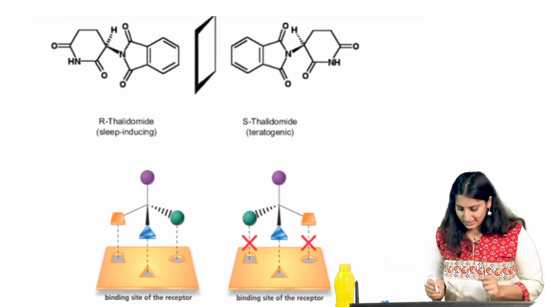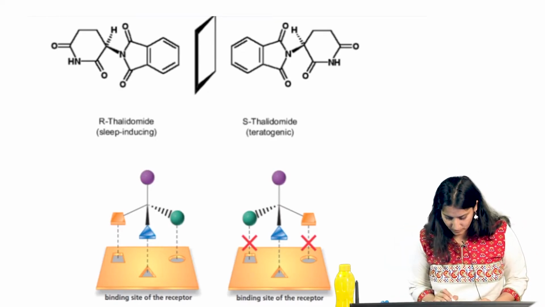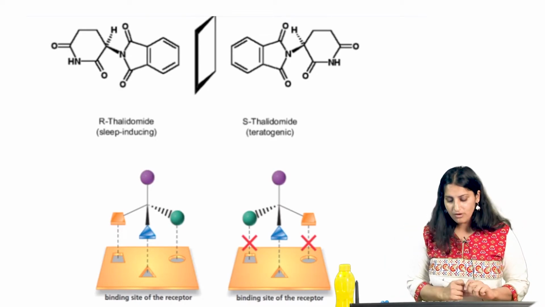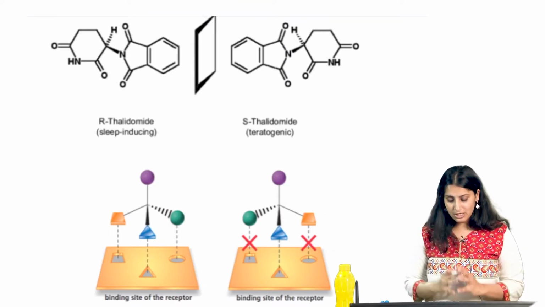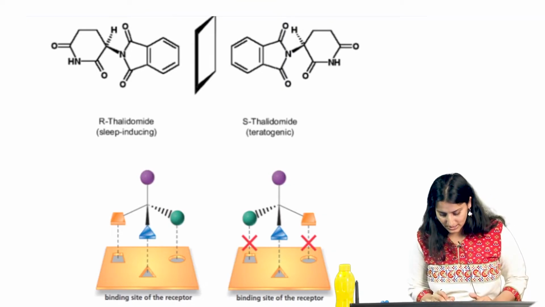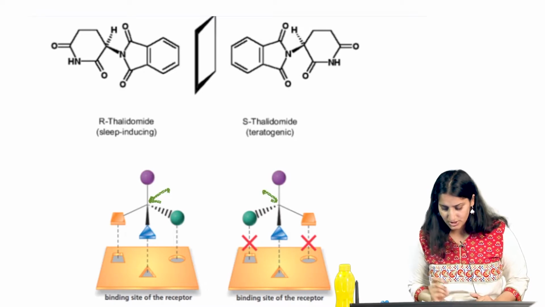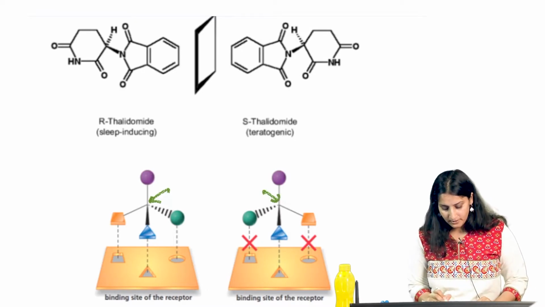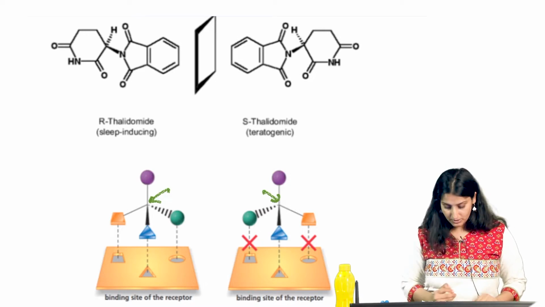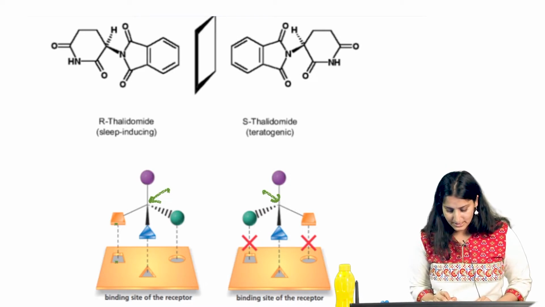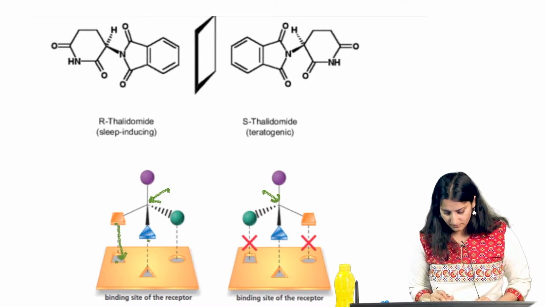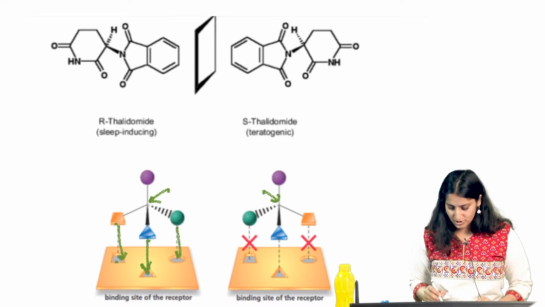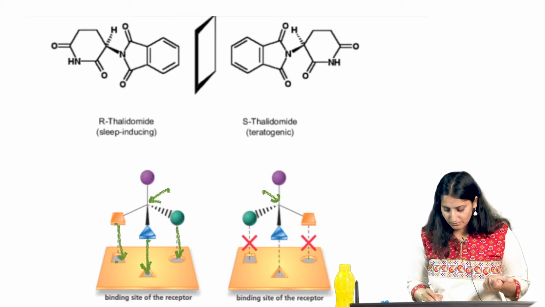As you can see in this particular figure, I have a pair of enantiomers which are mirror images of each other. This is the chiral carbon in each case. They are mirror images, they have four different attachments, and if I look at the binding site of a receptor, you can see that if I fit one such that all of them match, I cannot do the same thing for the other.